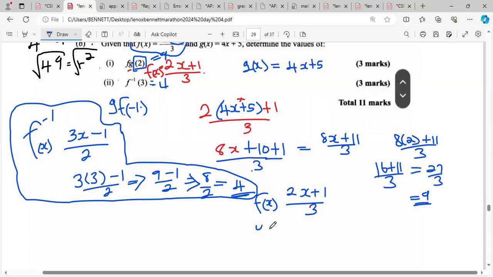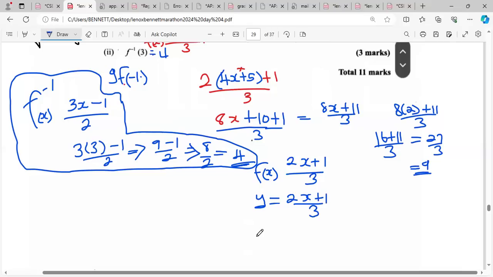So y is equal to 2x plus 1 over 3. Next, we interchange x and y. Anywhere we see x, we put y, and anywhere we see y, we put x. So it's going to be x is equal to 2y plus 1 over 3. And from there, we just solve for y.